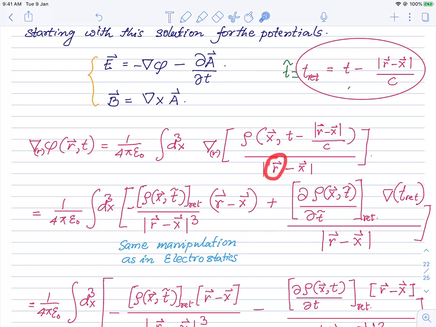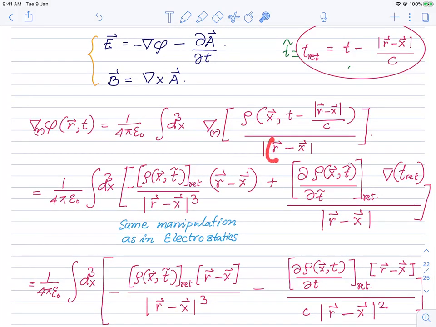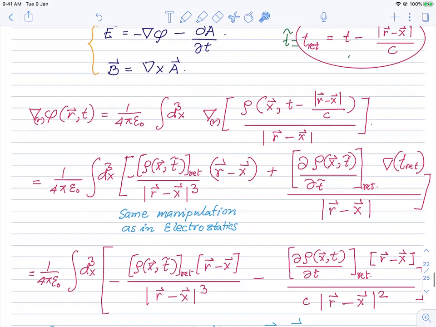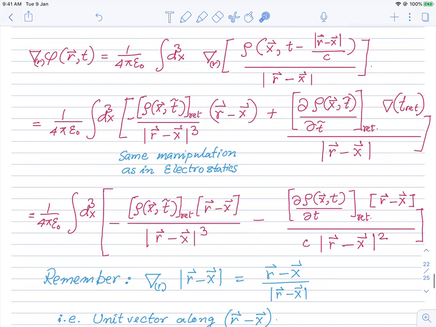The gradient can act on this r here, and that will give us this term, where the first one will be minus. So this is a minus to the power minus 1. This will be minus this thing squared, and then the gradient of this quantity. As we know, the gradient of this quantity is basically the unit vector along that direction.